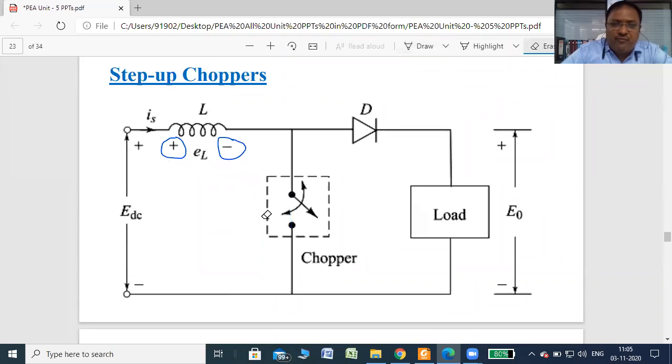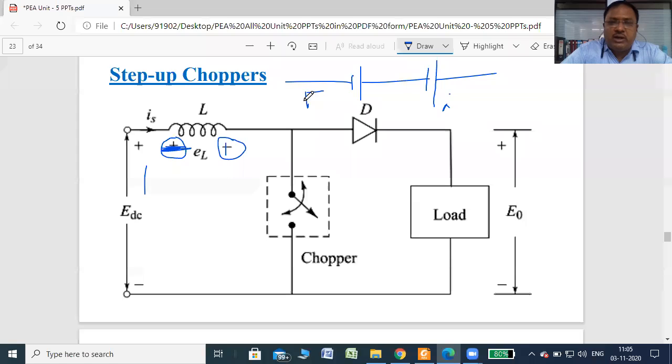When switch is off, what happens? The polarity of this stored charge gets reversed. So this becomes positive and this becomes negative when the switch is off, right? Now this becomes a battery, the stored charge across the inductor, and then another battery, that is EDC, connected in series.